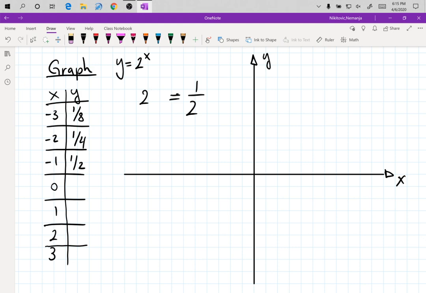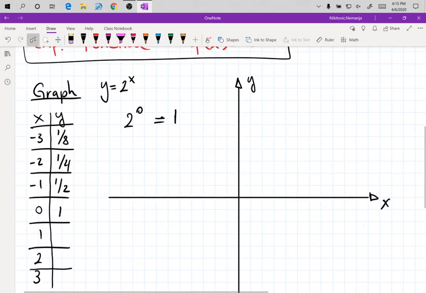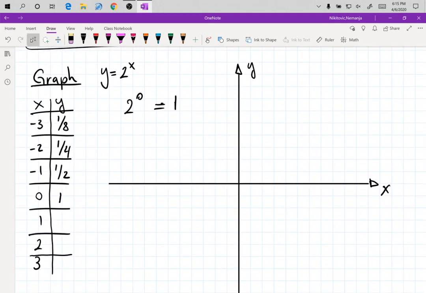Then a value raised to the 0 is going to be 1. So all I'm doing, I'm computing these values using basic algebra, arithmetic, whatever you want to call it. Then 2 to the 1 is 2. 2 squared is 4. And 2 cubed is 8.